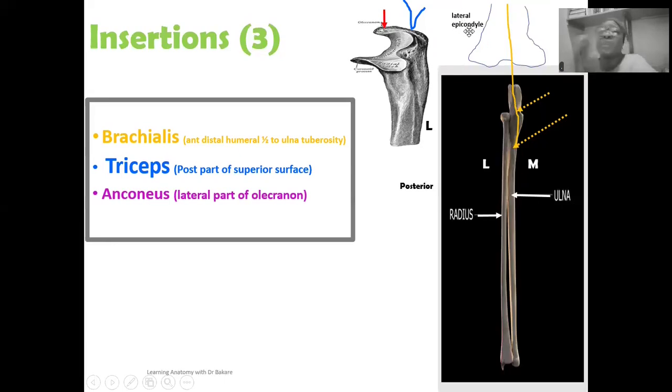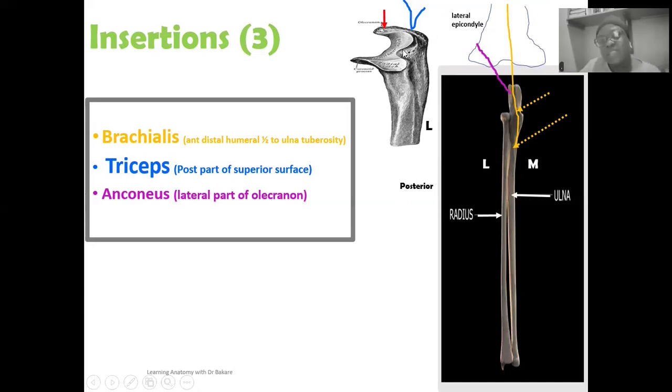And this specific point is where we have the origin of the anconeus. So it originates from the lateral epicondyle and is finally inserted on the lateral region of the olecranon process. Don't forget that this is the olecranon process, this is the medial side, and this is the lateral side. So it is inserted on the lateral surface of the olecranon process.